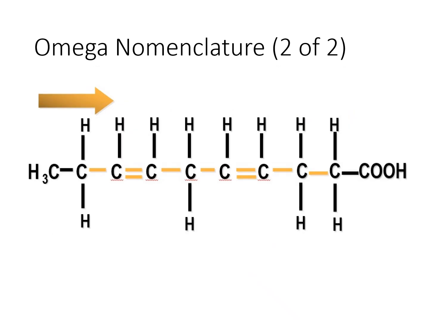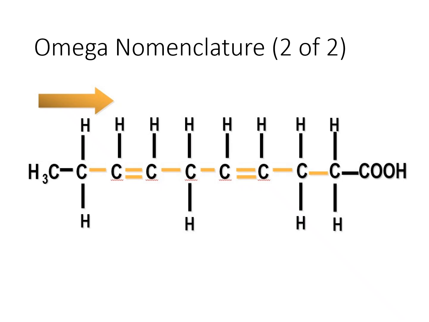Another example here, 1, 2, 3. So at that third carbon, we have a double bond. And there's the fourth carbon, fifth, sixth, in between the sixth and seventh carbon, we've got another double bond. And so going back to the beginning, because I lost track, 1, 2, 3, 4, 5, 6, 7, 8, 9, and 10 carbons there.